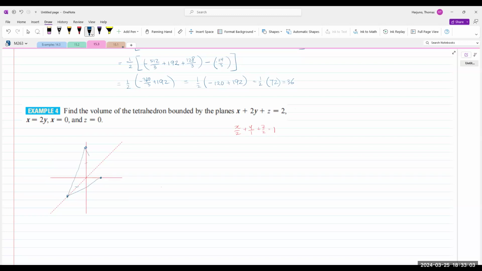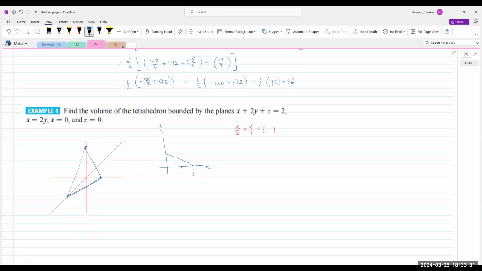So we have this plane here, and then x equals 2y. What does it look like? It looks like this. So the intersection on the ground, this is x, this is y, this is 2, this is 1. That's the intersection with the xy plane.